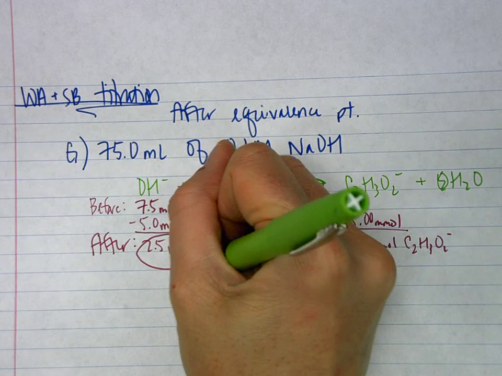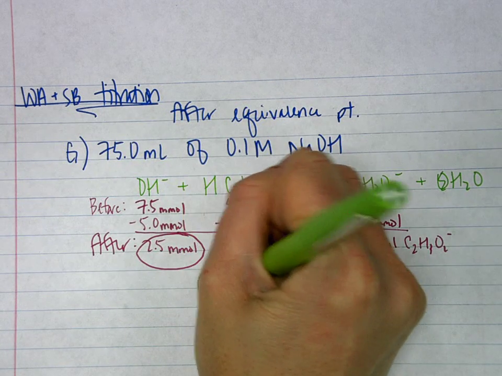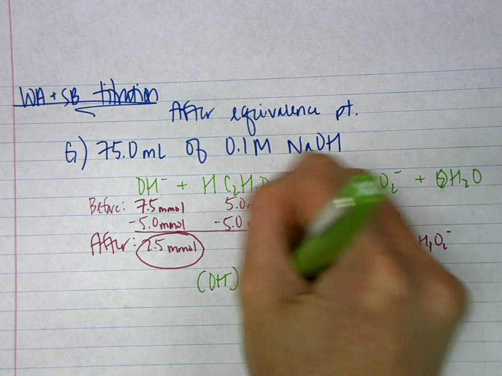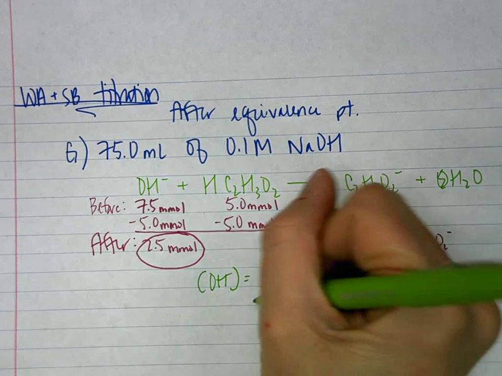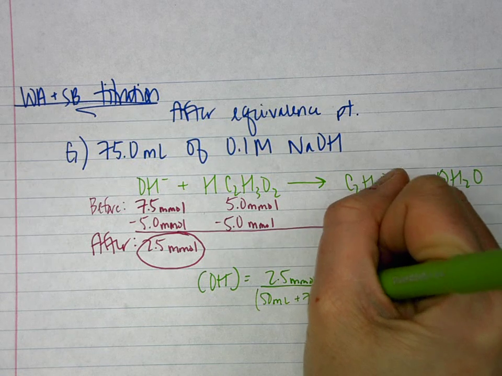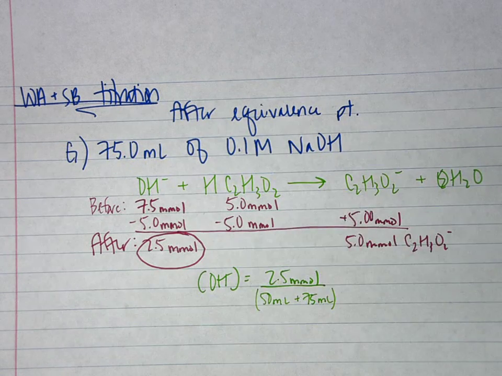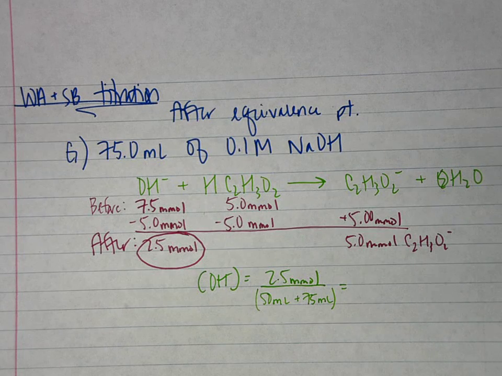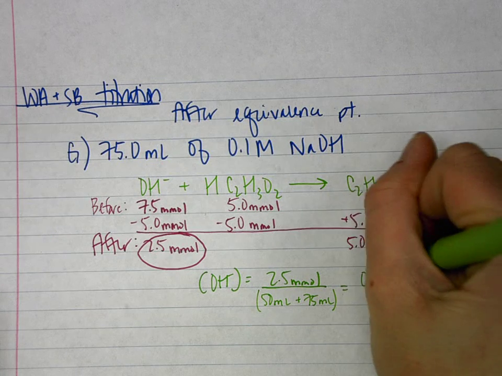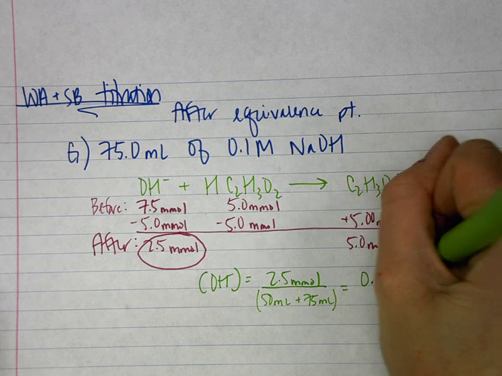We get to find the concentration. So first, we find the concentration of OH-. We have 2.5 millimoles over our total solution, which is the 50 mL of acetic acid plus the 75 mL of this base, which ends up giving us a 0.02 molar solution.